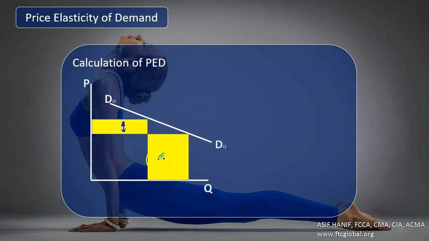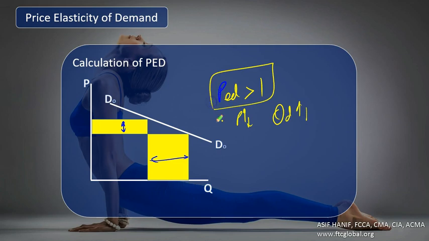A minor change in price would result in a much bigger change in quantity demanded. So in this case, the price elasticity of demand, PED, would be greater than 1. So a flatter curve will have a greater elasticity, PED is greater than 1. Any slight movement in price would result in disproportionately higher changes in quantity demanded. So in this case, PED is considered to be greater than 1.